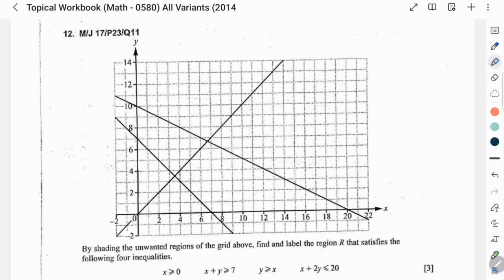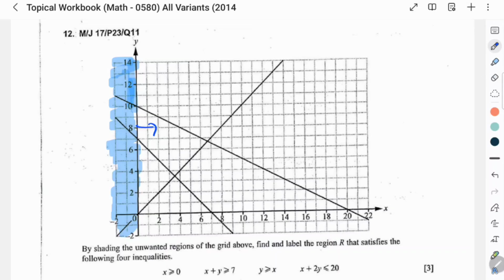So x is greater than or equal to 0 means the vertical line at 0. So this is the line x equals 0. Greater means on the right side, so you will shade on the left side. So this is less, and your region greater than or equal to 0 is here.